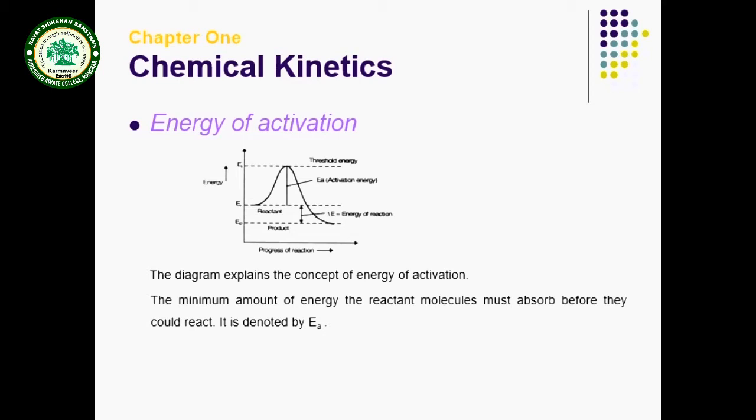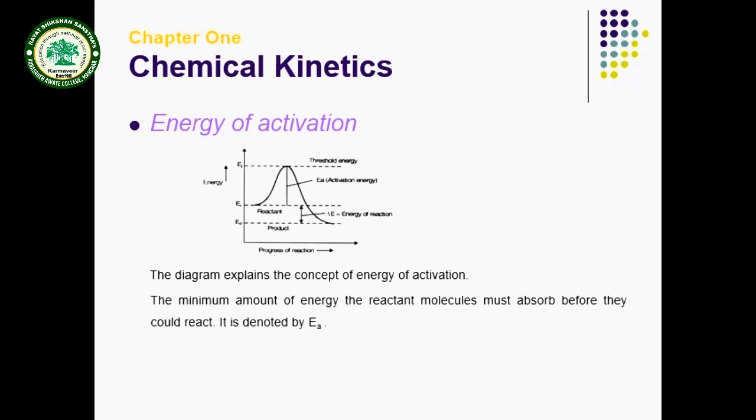Here the energy of reactant is higher, that of product is smaller. So delta E is E2 minus E1, E2 meaning EP, E1 meaning ER, and this value gives you negative. Delta E or delta H here is negative. So this is the diagram for an exothermic reaction.